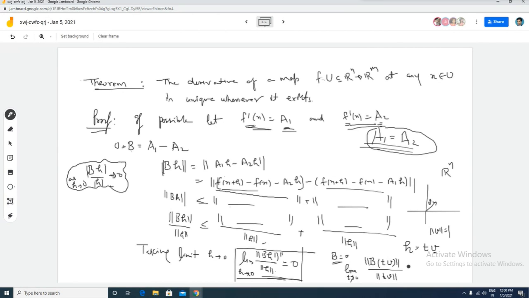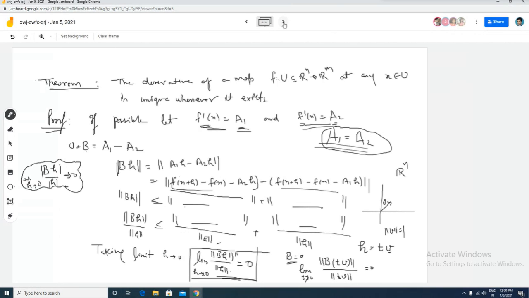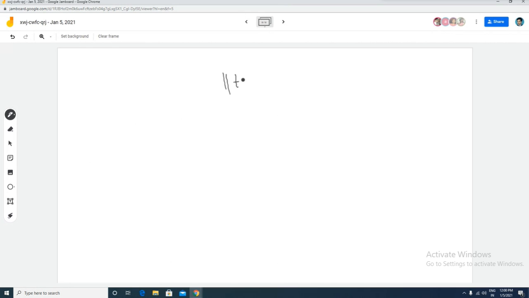Now you see this b is a linear transformation, so you can take t outside, and this becomes t times bv. So this is equal to the norm of t times bv, where v is a unit vector, divided by the norm of t times v, and this is equal to 0, limit t tending to 0.